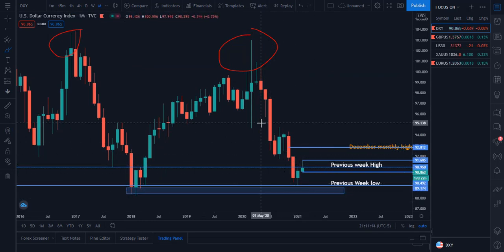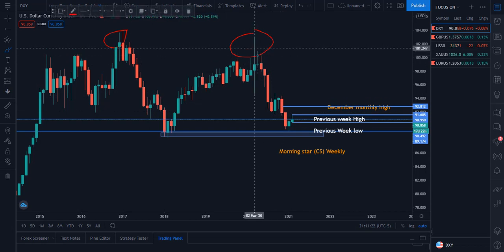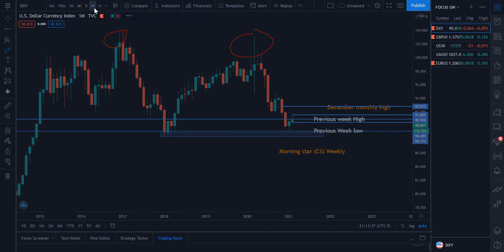It respected it, so it seems like it wants to go to the upside, as it's been showing a bearish trend to the downside. So now that we know we're in between, we've got to go down to check what our other confluences are saying, so that we can have a proper perspective of the market, as this is only telling us half the story. Now we're going to go to the weekly.